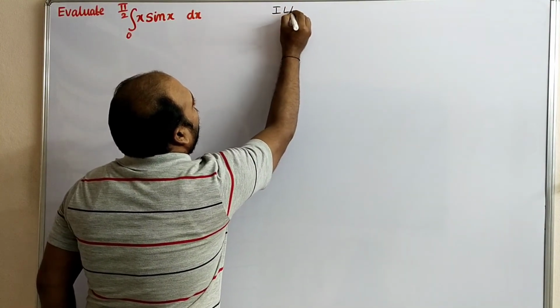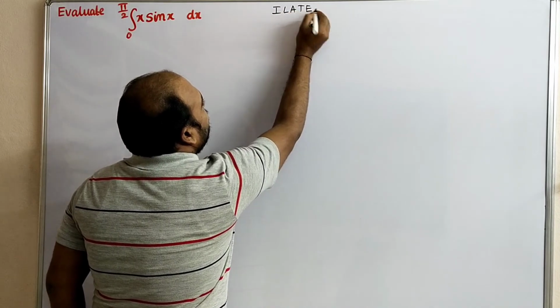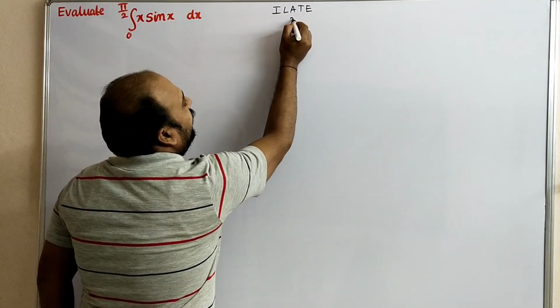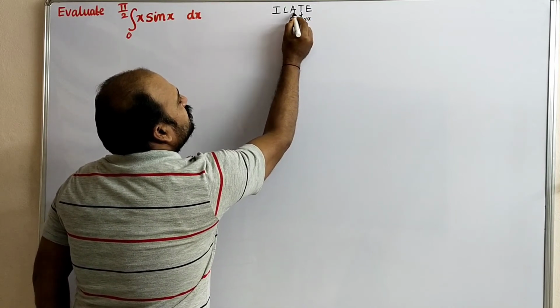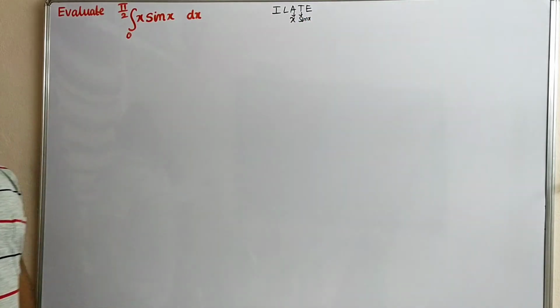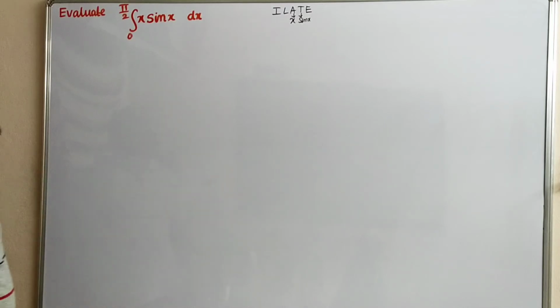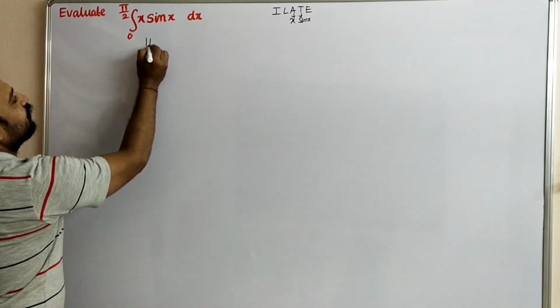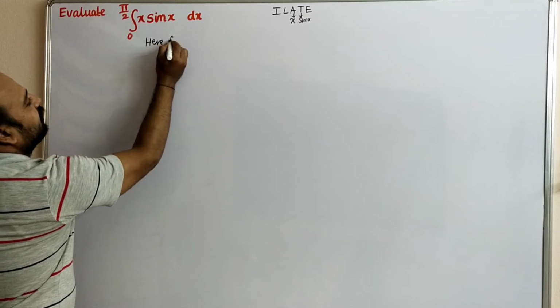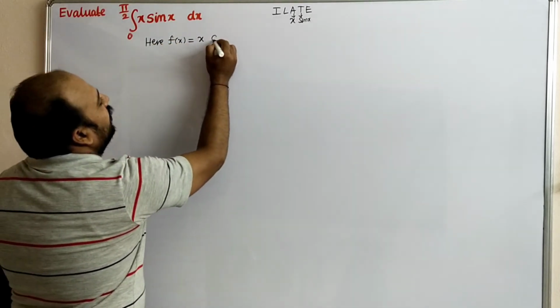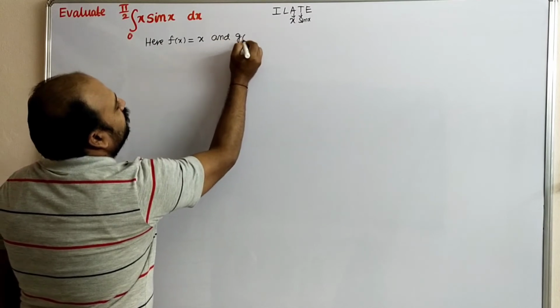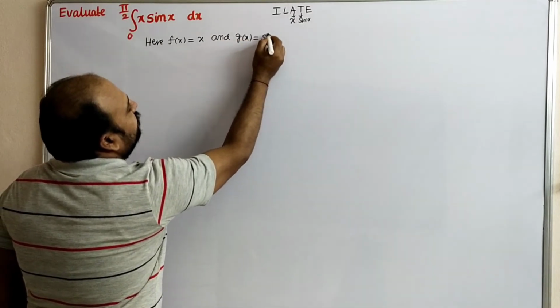In the previous sessions we discussed this. Among these two, which one is coming first? Algebra is coming first. So here f of x is equal to x and g of x is equal to sin x.